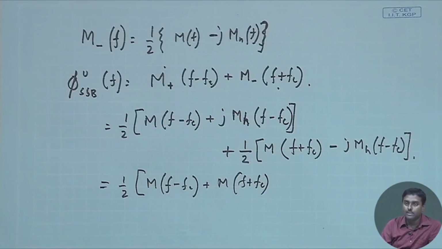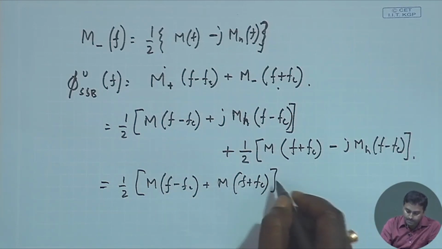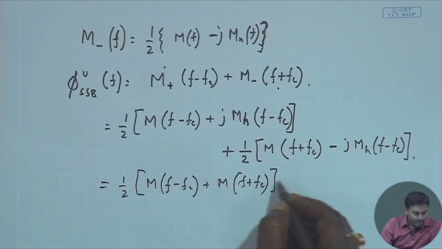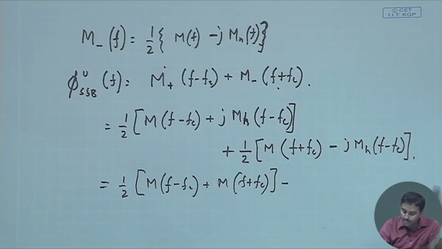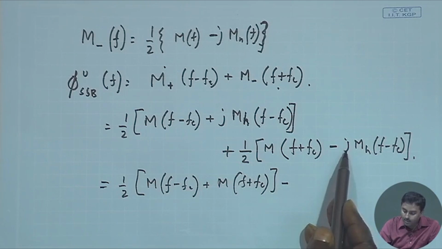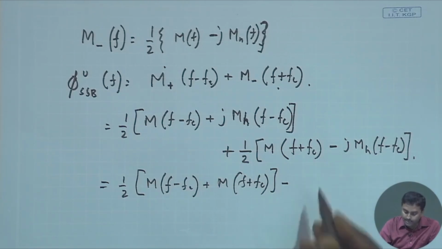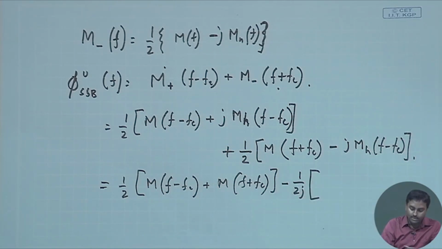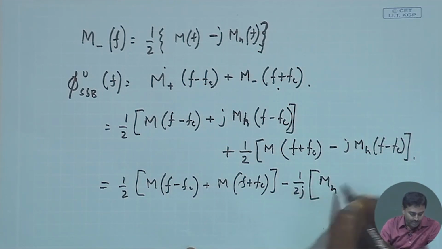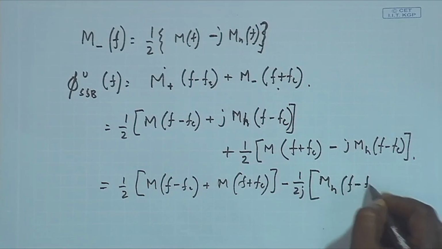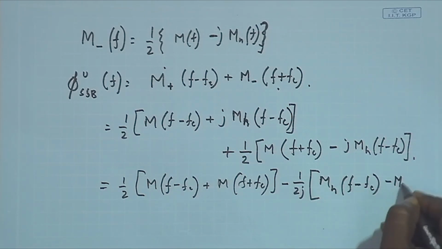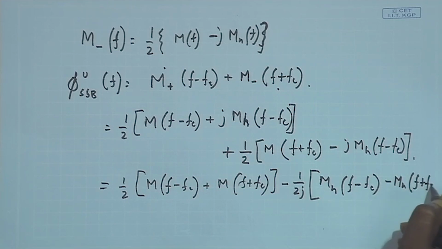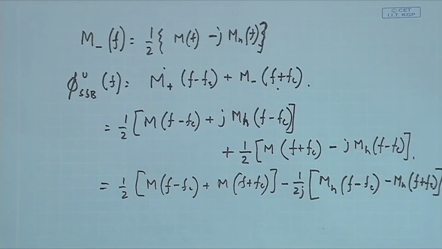So, this is the term which is free of J, and then if I just take minus 1 by J common, okay, so 1 by 2 J. So, immediately inside I will get MHF minus FC minus MHF plus FC, I get this. Okay. So, this is just algebraic manipulation.